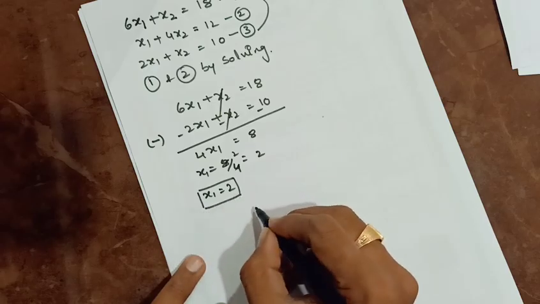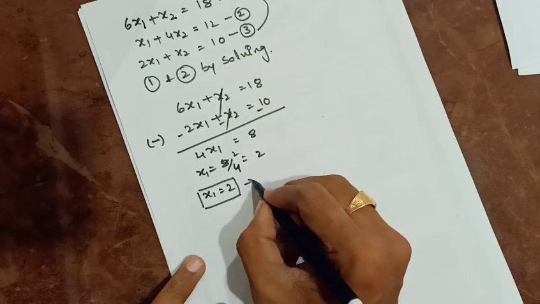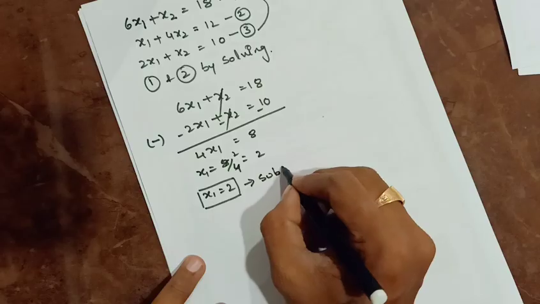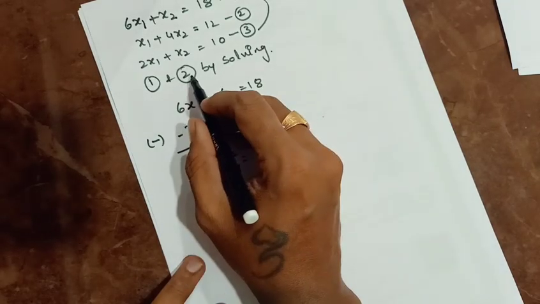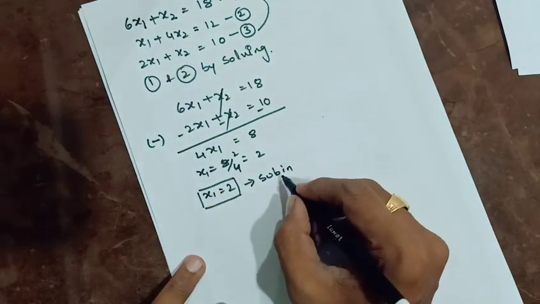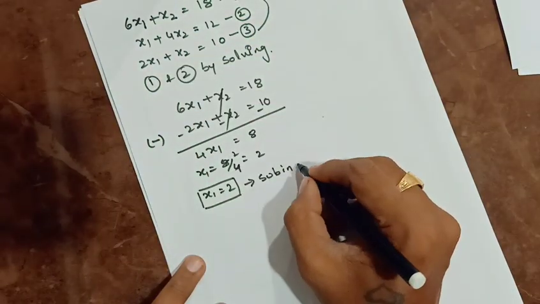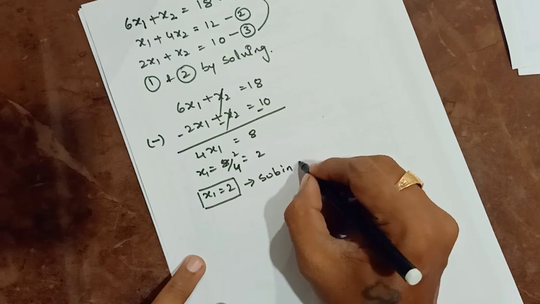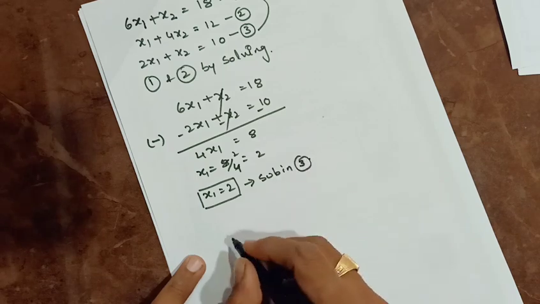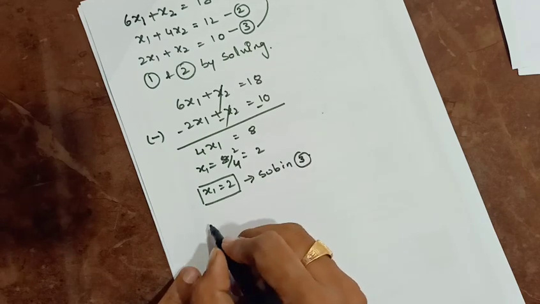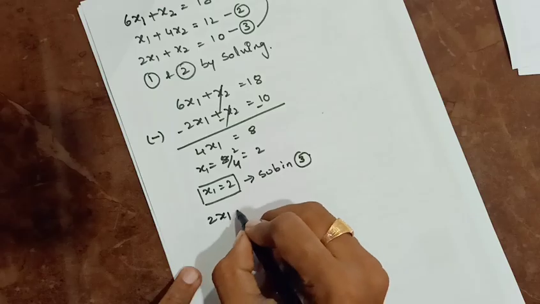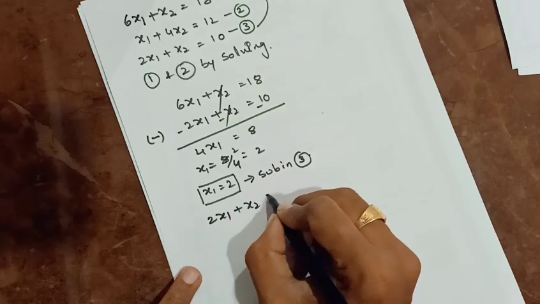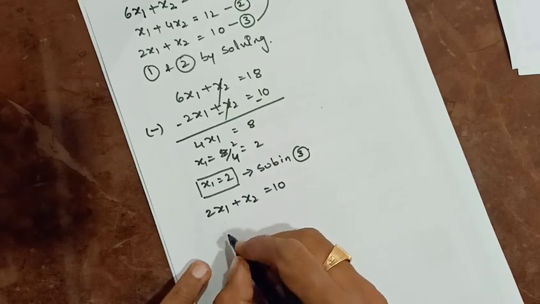We got one value. Substituting this x1 in equation 3, we get the value very easily. The third one is 2x1 plus x2 equals 10.